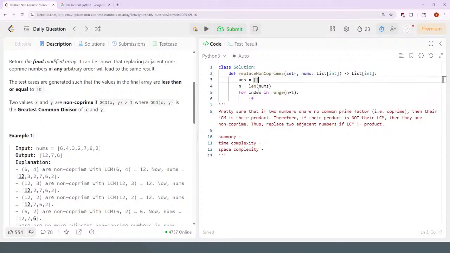I think maybe I want to start with answers nums of 0, and maybe index that goes from 1 to n. I'm thinking of just taking the last value in the answer.